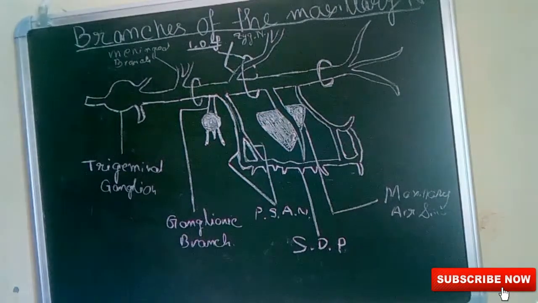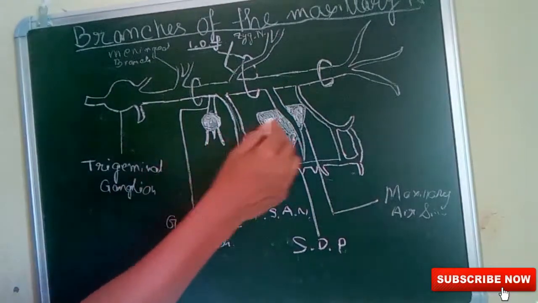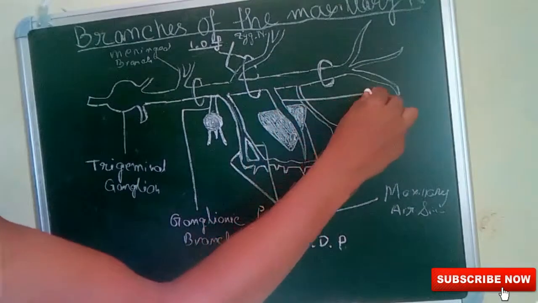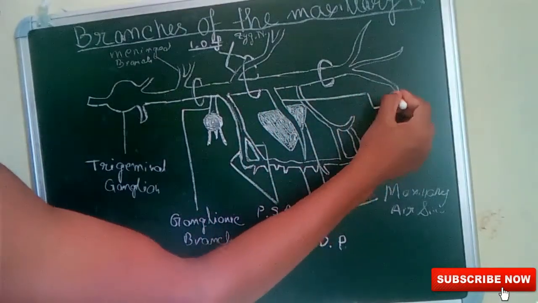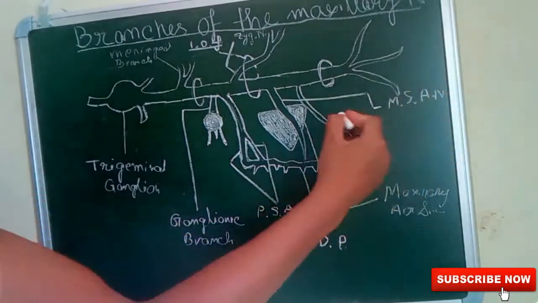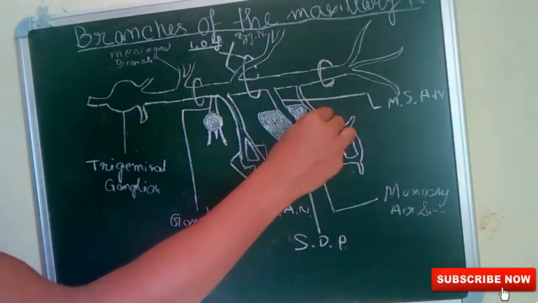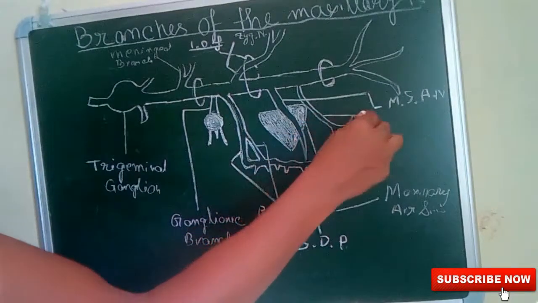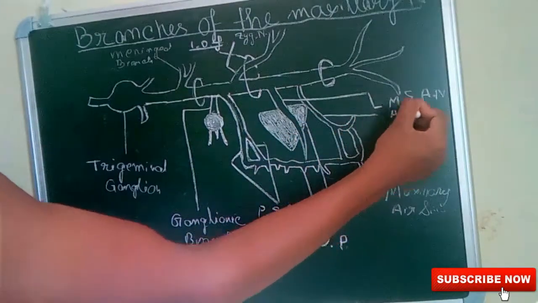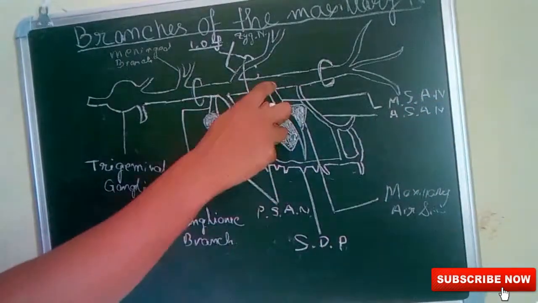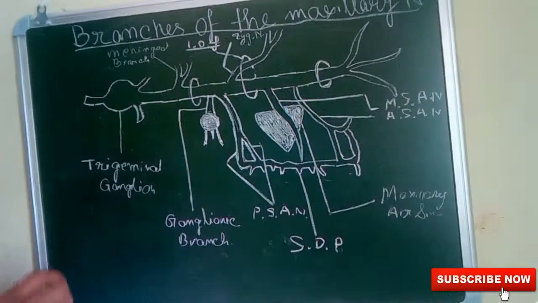Try to remember: this is the middle superior alveolar nerve, and this is the anterior superior alveolar nerve.